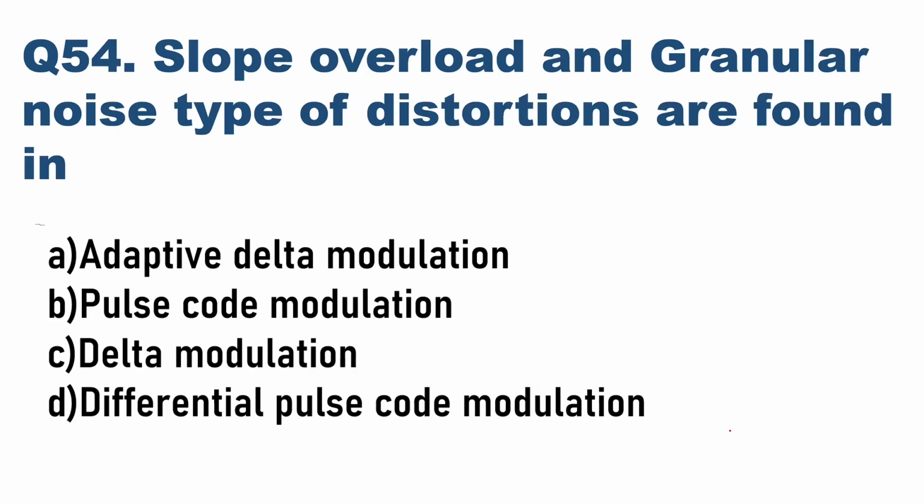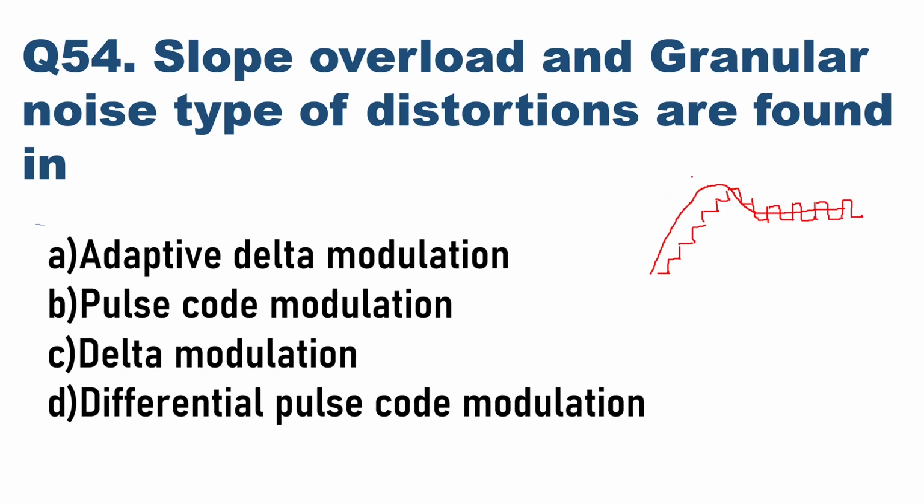Then we'll go to the next question, question number 54. Slope overload distortion and granular noise type of distortion are found in which modulation? We see this when our signal has a steep slope, and then at some time it is not varying at all. If you use linear modulation to follow it, you can have constant step sizes.